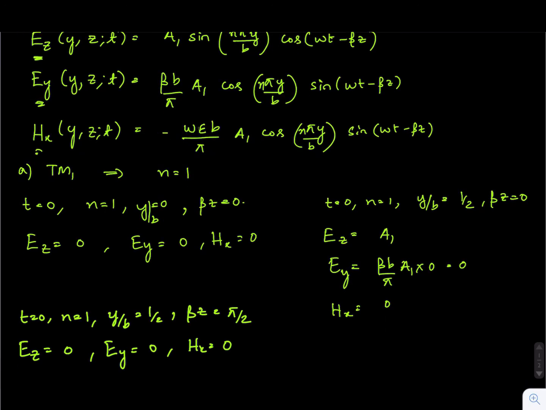Let's try t equals 0, n equals 1, y by b equals 0, and beta z equals pi by 2.